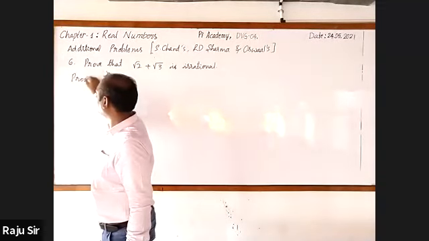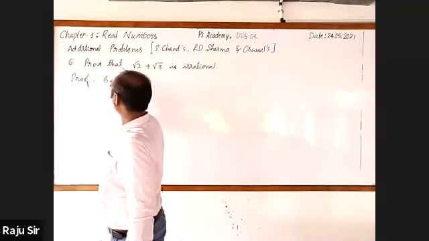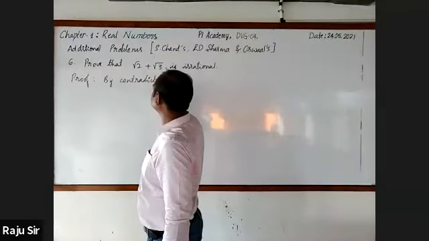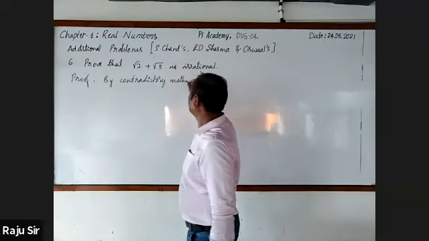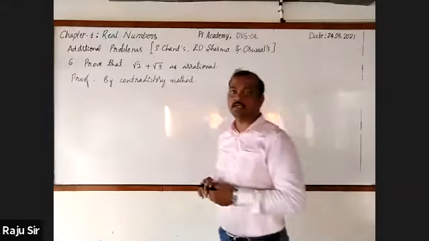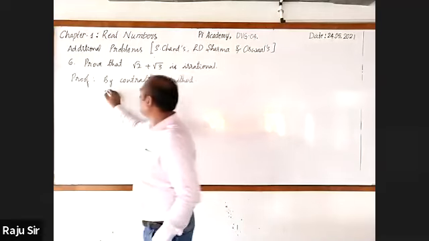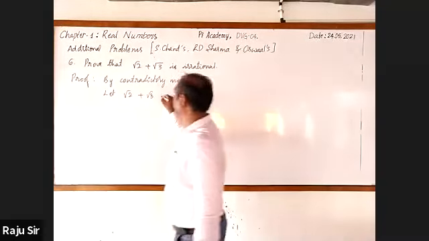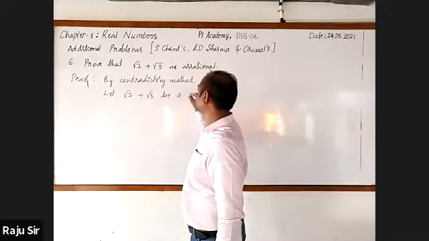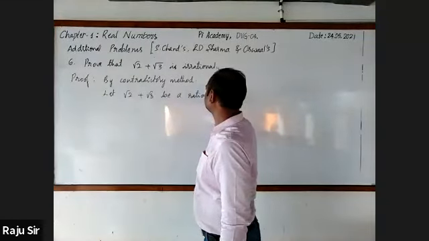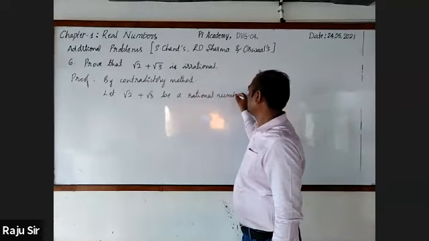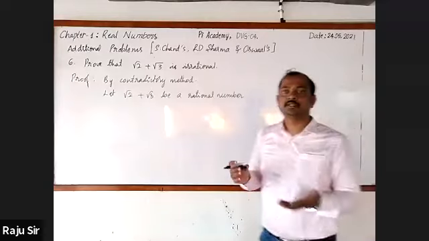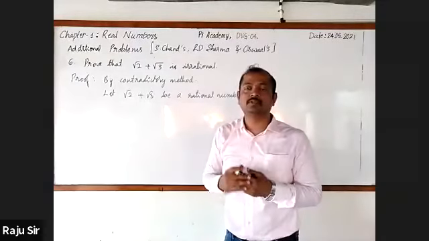Prove by contradictory method. Let us take root 2 plus root 3 as a rational number. You may take that rational number as x by y, m by n, even p by q also.